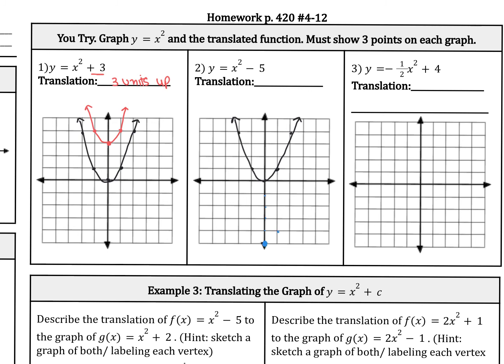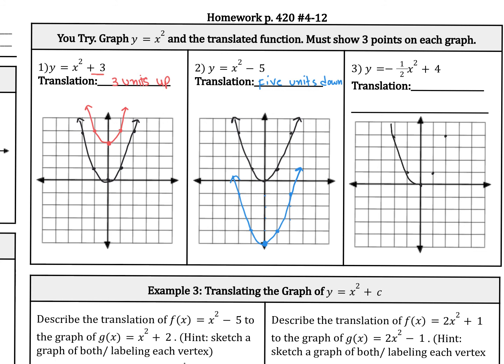And then after that (1, 1), (2, 4). So 5 units down.